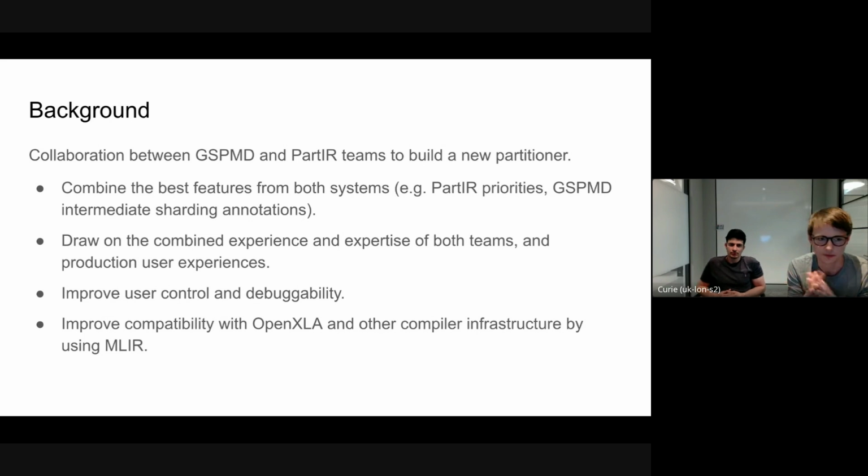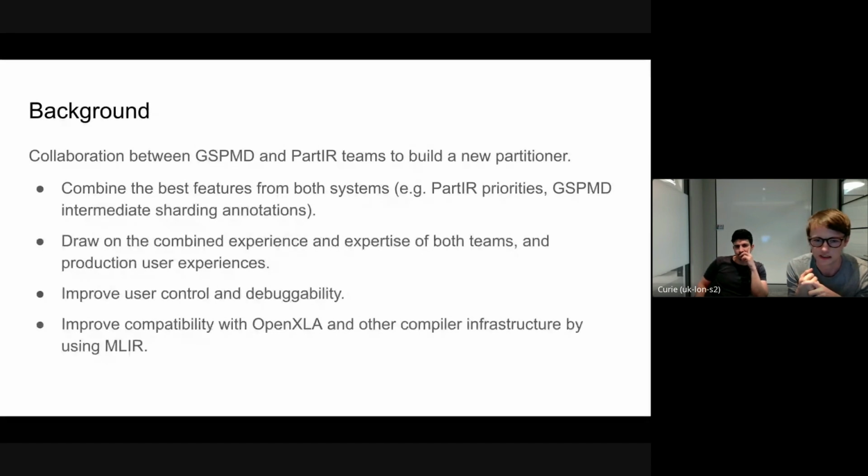And from GSPMD, things like the intermediate sharding annotations, which give you a lot of control over how intermediates in your computation are sharded. It also brings together two teams with years' worth of experience working in this space, targeting both research and production use cases. One of our explicit goals is to improve user control, like I mentioned with priorities, but also debuggability, so it's easy to understand what's happening in the partitioner.